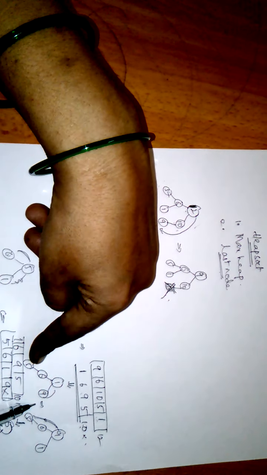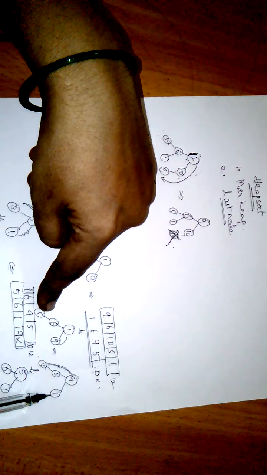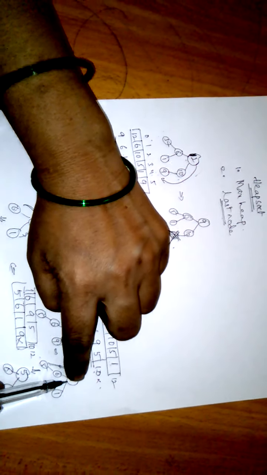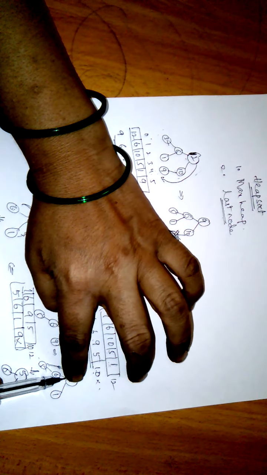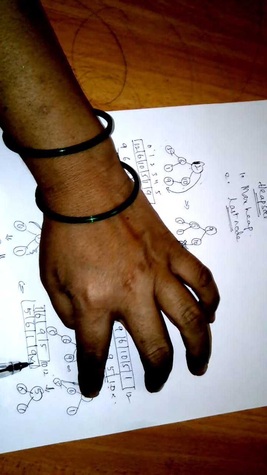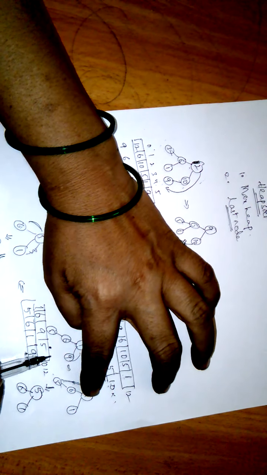Now you compare 9 and 1, then you make a swap: 1 here, 9 here. Now what is the position of 9? It should be at the last node. That means where 5 is, there 9 should be. So what we have to do?